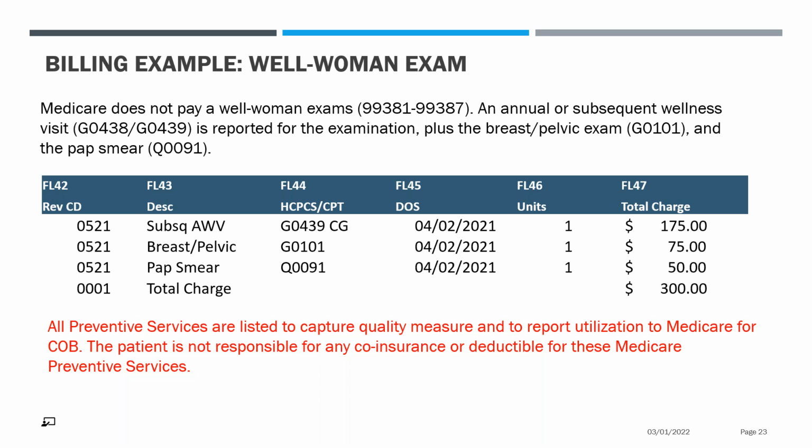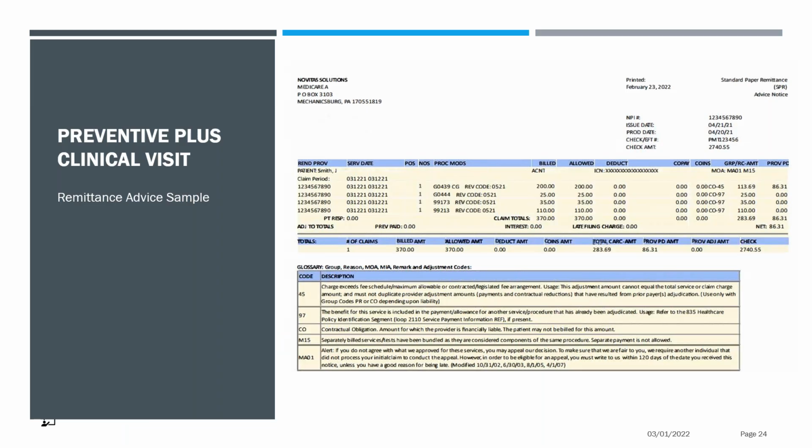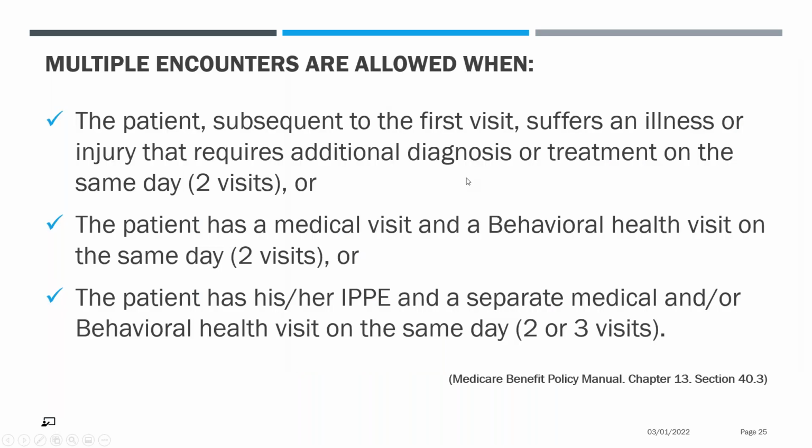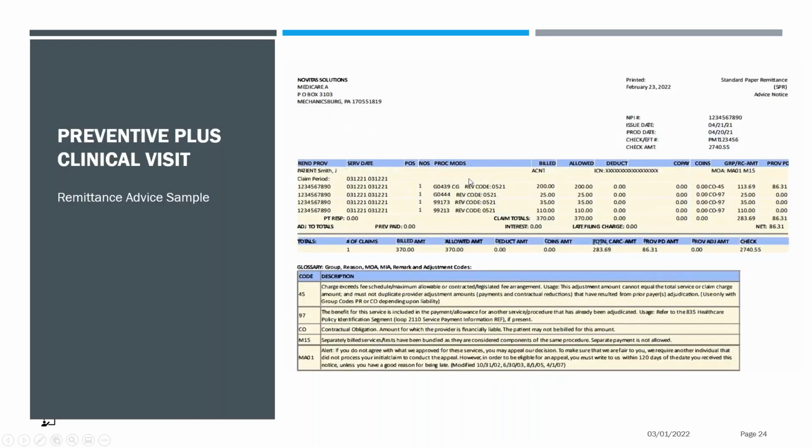And so, of course, once again, Medicare requires us to report all services, and we want coordination of benefits to know that these services were performed. Look at our claim example. So on our claim example, the subsequent annual wellness visit, and I don't like using the markers on these because I can't ever get it off the screen in time to proceed.